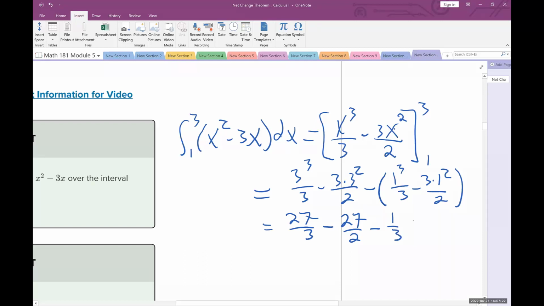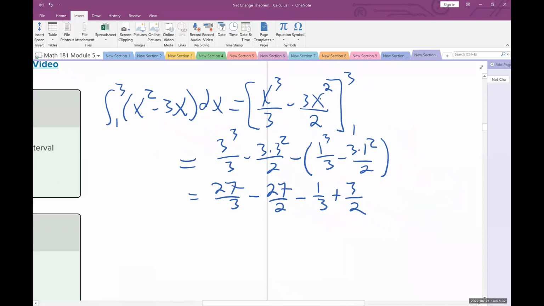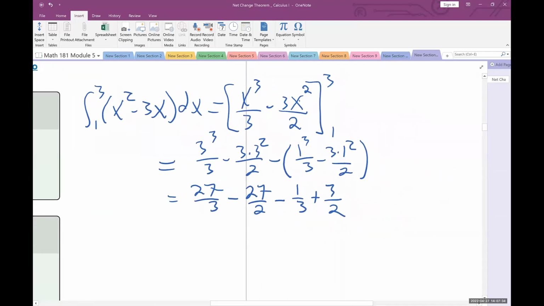Then a minus a negative makes a plus. 3 times 1 squared is 3 over 2. I don't think it does much for us. This gives us 26 over 3 minus, is it 24 over 2?